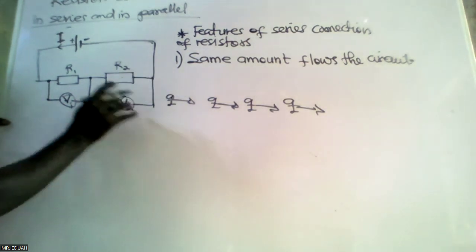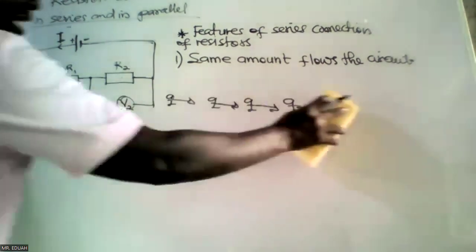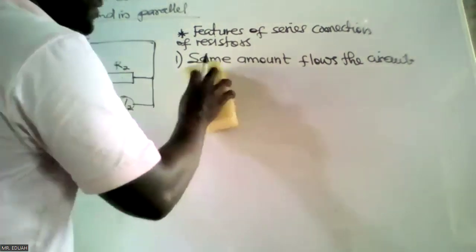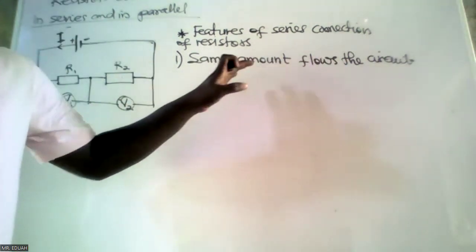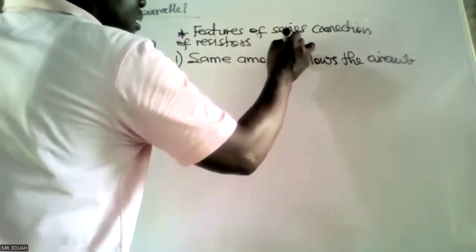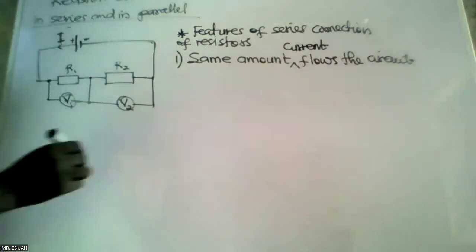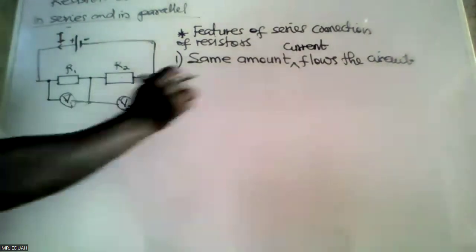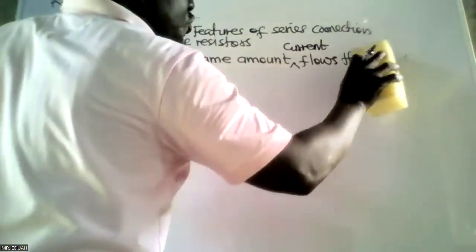But the same current flows through the resistors. So for series connection, the same amount of current flows through the circuit.